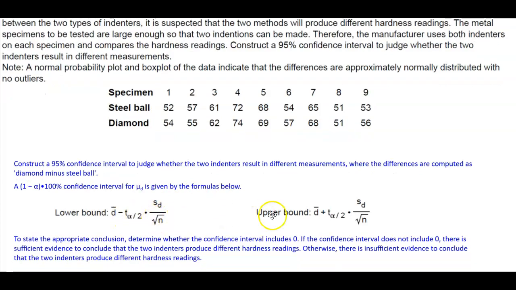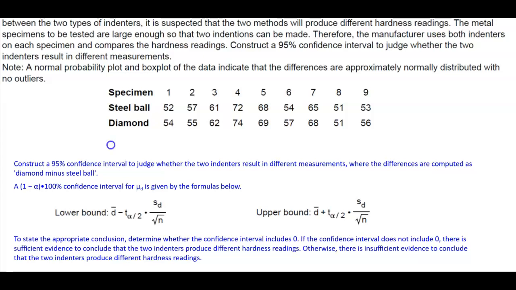Here is the lower bound and there is the upper bound. Now, to state the appropriate conclusion, we're going to determine whether the confidence interval includes 0. If the confidence interval does not include 0, there is sufficient evidence to conclude that the two indenters produce different hardness readings. Otherwise, there is insufficient evidence to conclude that the two indenters produce different hardness readings.